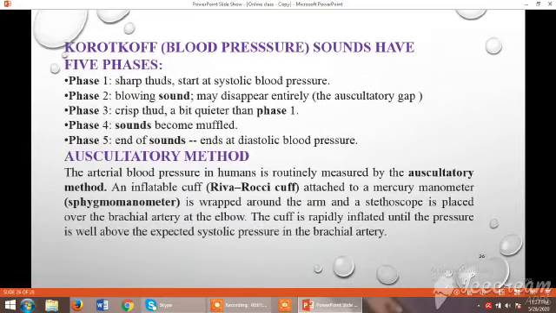Now here I have two important things mentioned. Firstly, the Korotkoff sounds. What are they? The sounds are heard due to turbulence in the flow of blood through the narrowed blood vessels whenever the manometric pressure just coincides with the systolic blood pressure. Due to air pressure in the cuff, the vessel is pressed and blood flow is obliterated.